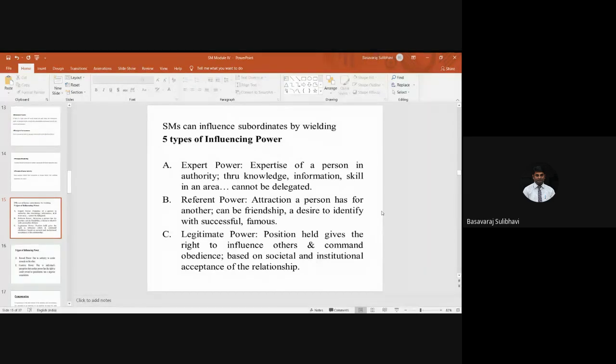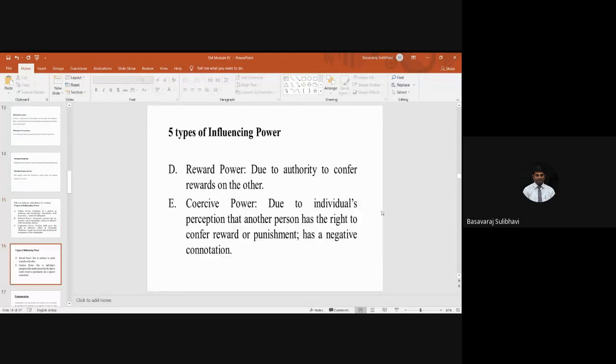We were also exposed to certain concepts. When a sales manager is going to influence subordinates, they should possess five types of influencing power: expert power, referent power, legitimate power, reward power, and coercive power.